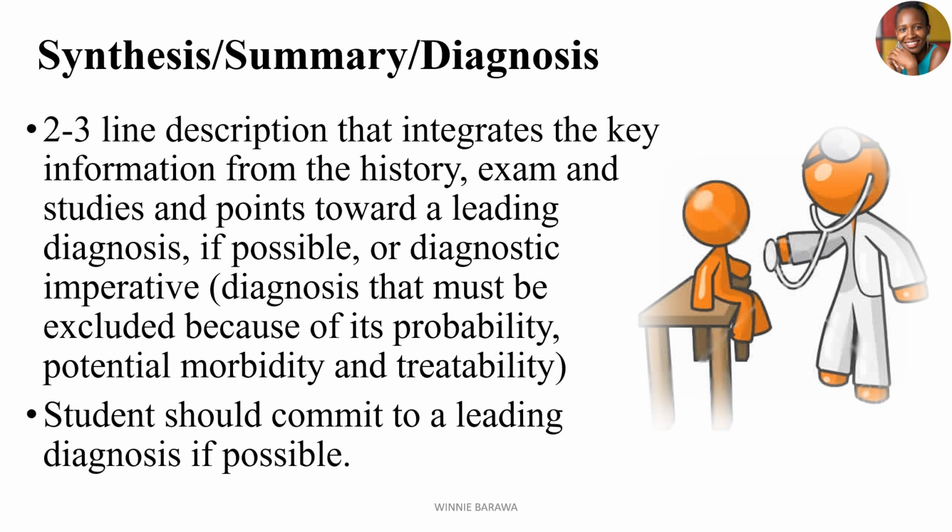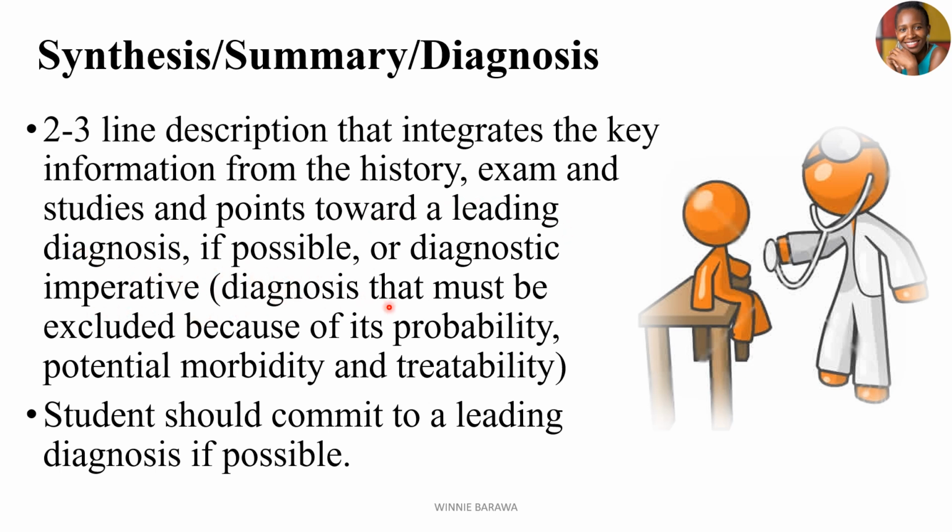But after that, we do the vital signs, we do the investigations. Now, this is a lot of information that we are supposed to integrate together and provide a 2 or 3 line description with the key information that we obtained from the history that we took, the examination that we've done, and the studies that is going to give us a leading diagnosis.